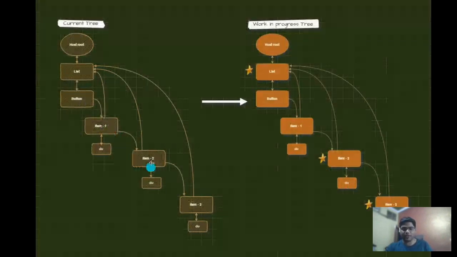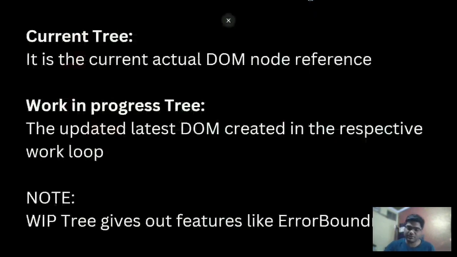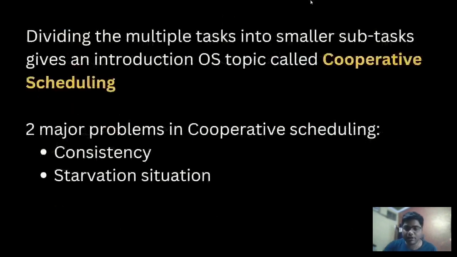There should be some fallback where you can land upon. How would you get that? You will get that with the help of these two replicas of the trees: the current tree and the work in progress tree. Cool. Now, there are too many copies and too many asynchronous operations.